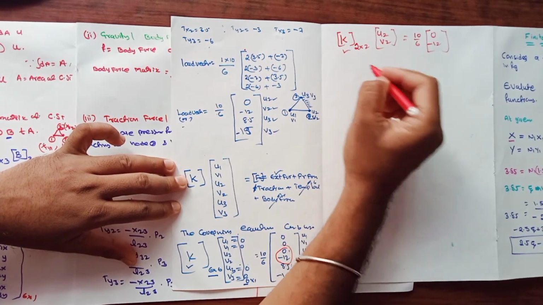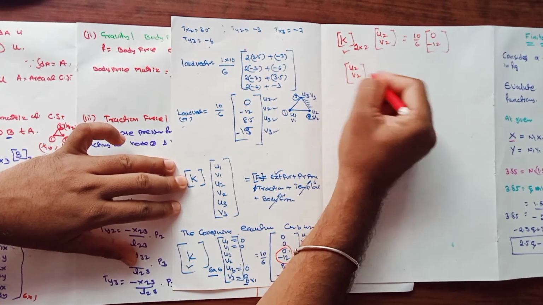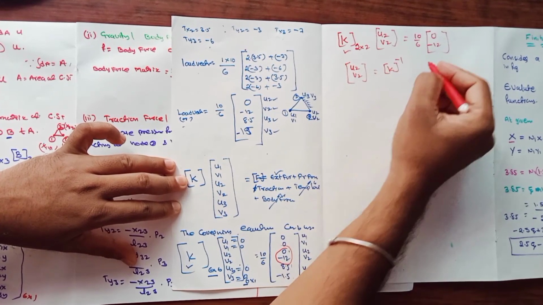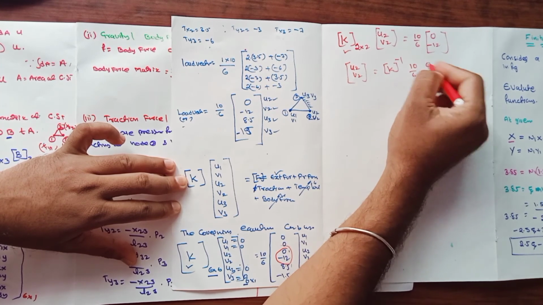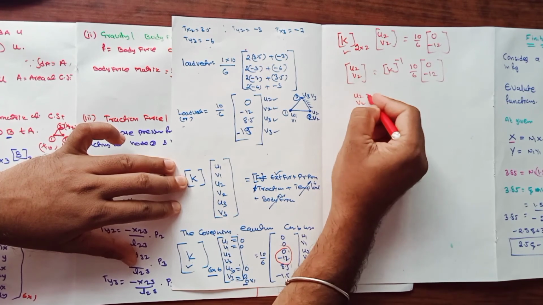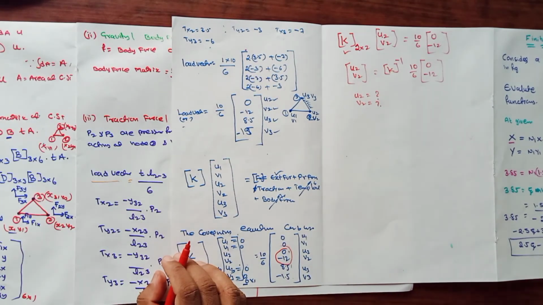Therefore u2 v2 is equal to K inverse times 10 by 6 times 0 minus 12. From this it is possible to get the u2 v2 values. Please calculate by yourself and let me know what value you have calculated. Thank you.